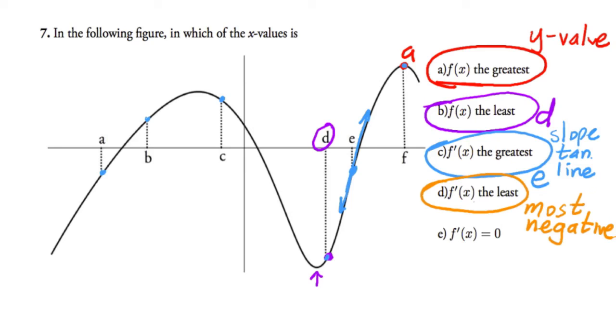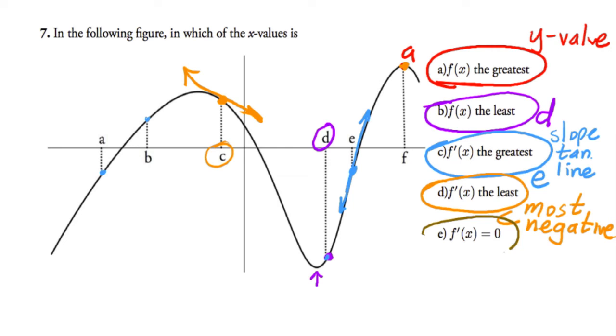So for example, right here it's 0 because the slope of the tangent line is 0. But it's less, for example, right here at C, because at C it's actually downward sloping, so it's going to be negative. And this is actually the only point where it's negative. So out of these choices, C is going to be the spot where f prime of x is the least.